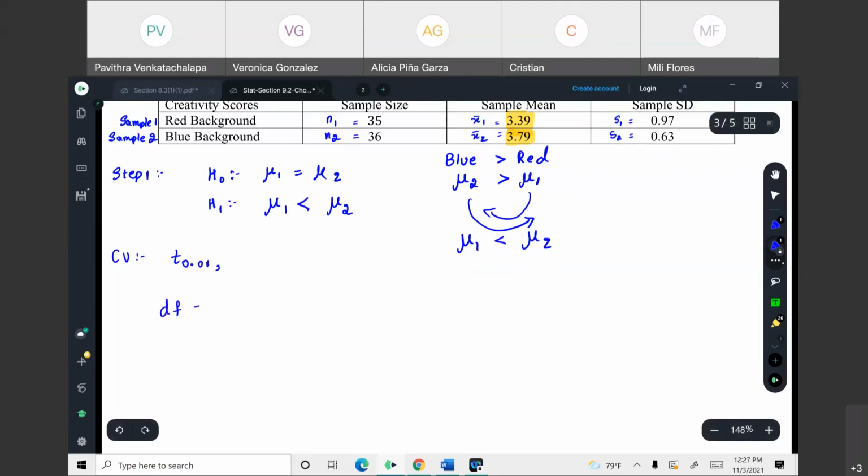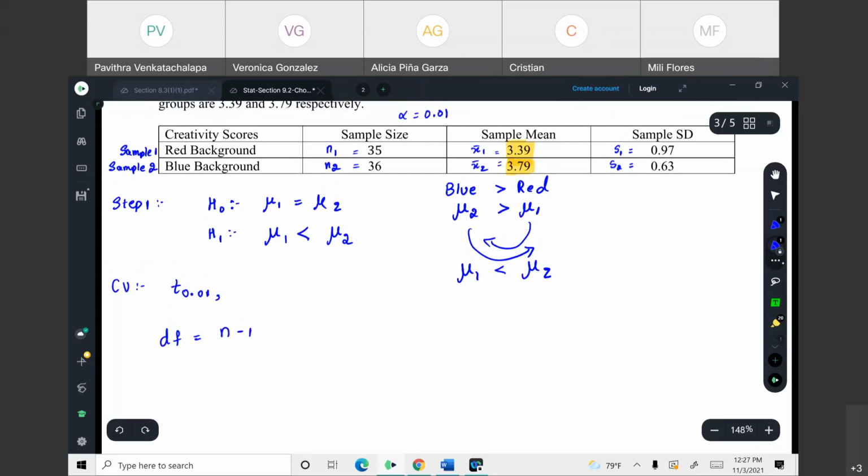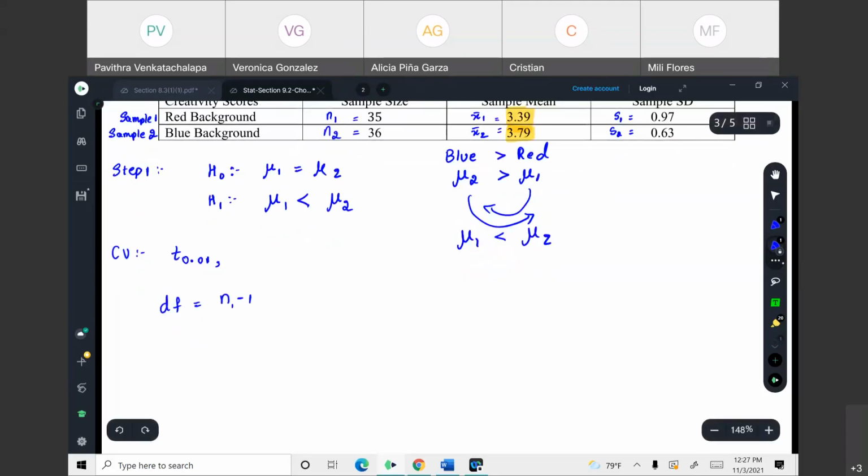Degrees of freedom is n minus 1. But here the problem is you have two n values. So which do you consider? I calculate 35 minus 1 is 34, df1, and df2 is 36 minus 1, 35.